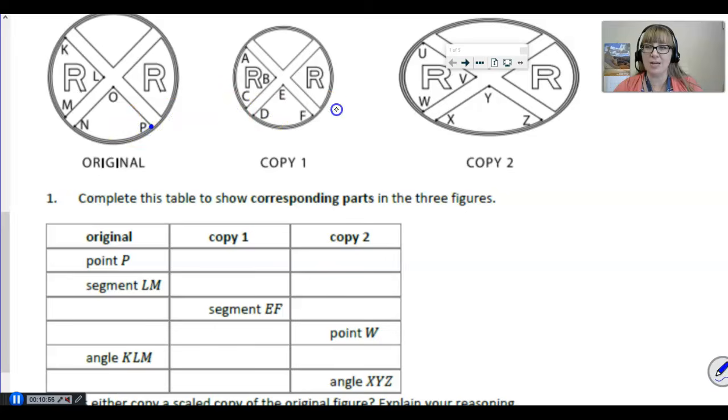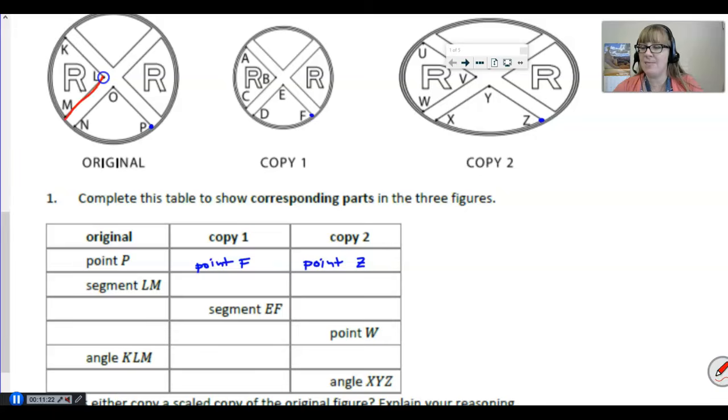Here's copy 1, and that would be point F. And that same point in copy 2 is called point Z. Notice that I am color coding to help us identify these points and segments a little bit easier, and we can see which parts correspond within each figure. The next one is segment LM.